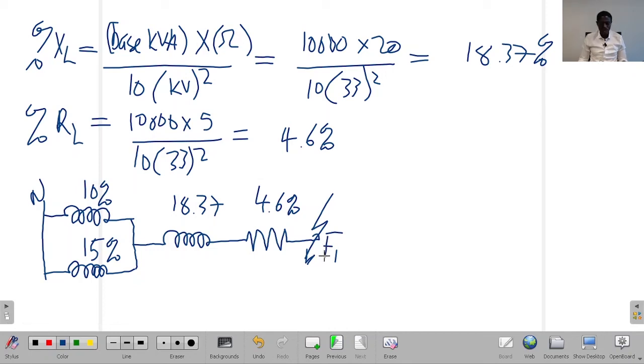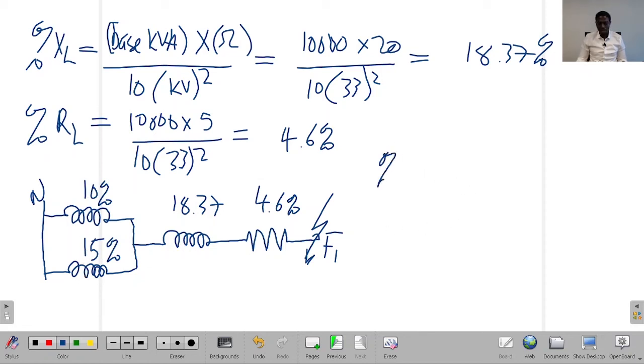For us to be able to find the short circuit current up to Fault 1, we have to find the total reactance, which is the vector summation of the reactance with the resistance. In this case, we've got 10 and 15 in parallel, connected to that in series.